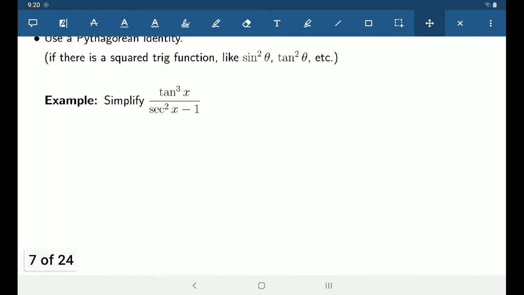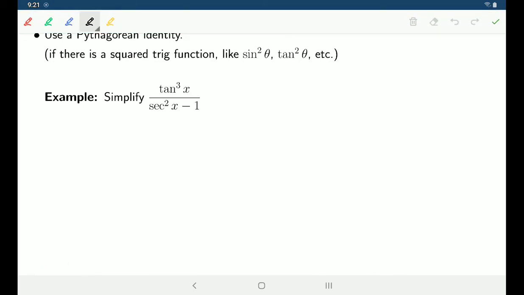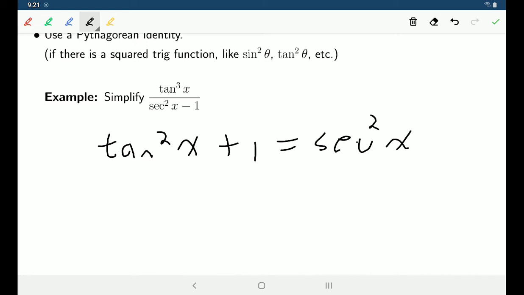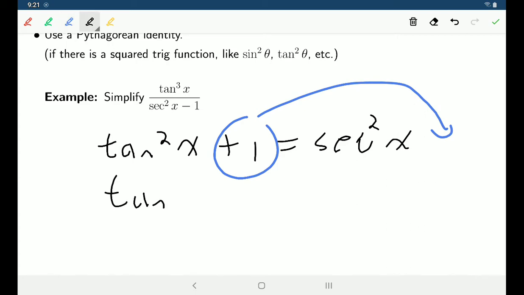I'm looking at this, tangent cubed over secant squared x minus 1, and I'm just going to remind myself that the trig identity that we had, which was tangent squared plus 1 equals secant squared, you could rewrite that identity by moving the plus 1 to the other side of the equation, so that you would actually say that tangent squared x is equal to secant squared x minus 1.